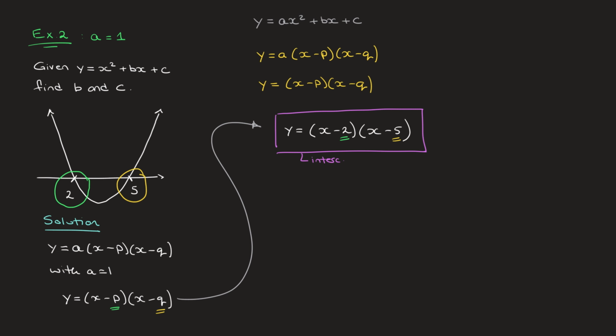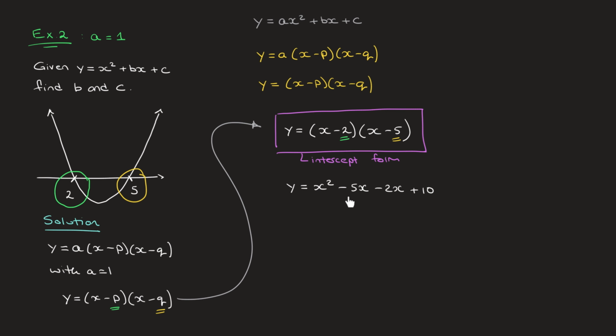Now, just as we had seen in the previous example, to get from the intercept form to the standard form, all we have to do is expand or distribute these two pairs of parentheses. So we can go ahead and state that y is equal to, well, let's see, we'll have x times x, which is x squared, minus x times 5, so that's minus 5x, minus 2 times x, so minus 2x, and finally, since we have a minus in both of these pairs of parentheses, we'll have a plus 2 times 5, in other words, plus 10.